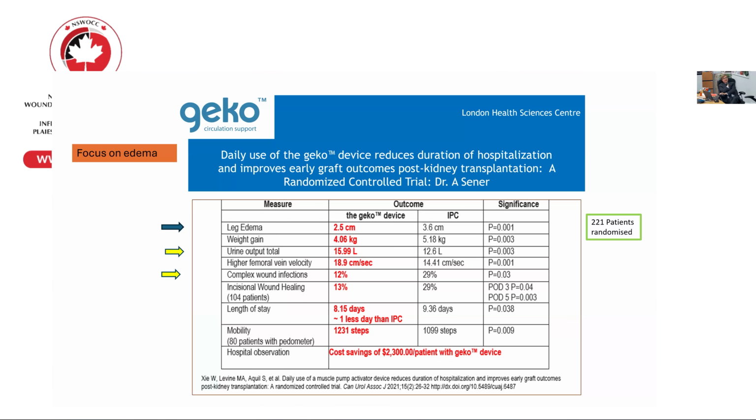And when you look at the Gecko device versus intermittent pulsed compression, an external device that actually pumps the blood, and as Robyn pointed out, they can be very expensive, the leg edema was reduced by 2.5 centimeters versus 3.6 centimeters with intermittent pulse compression.